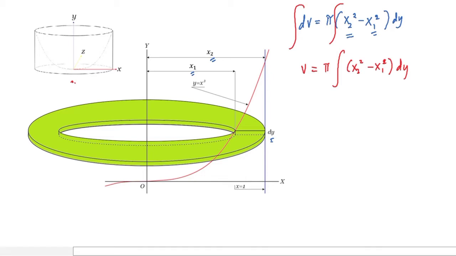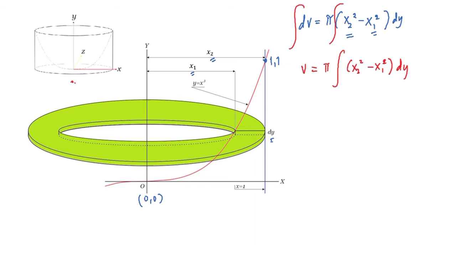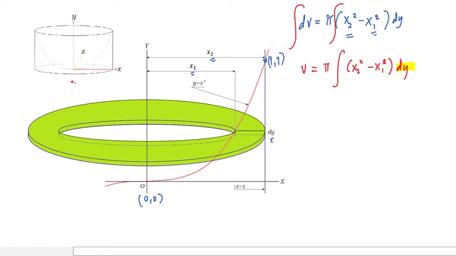So as you can see here, the point of intersection is 1, 1. And then here, the point of intersection is 0, 0. So since we are in y, nagkataon lang to na equal yung x at yung y natin. So hindi tayo malilito dito.